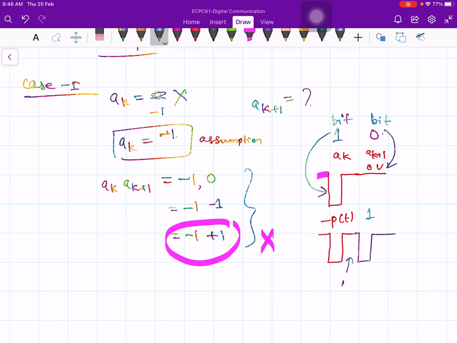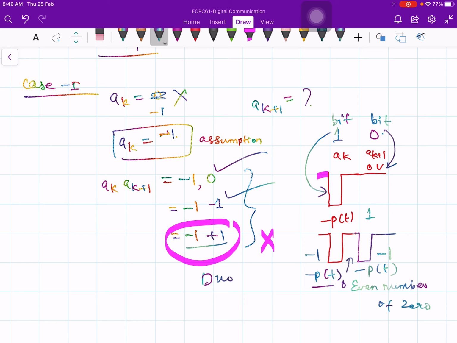In between 0, even number of zeros. Even number of zeros means don't change the polarity. Minus p of t and here also minus p of t. So therefore this is minus 1 and this is also minus 1. So minus 1 comma 0 is possible, minus 1 comma minus 1 is possible, but minus 1 comma plus 1 is not possible in the duo-binary line coded scheme.